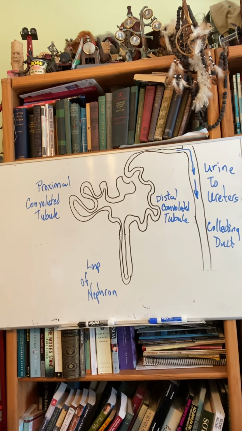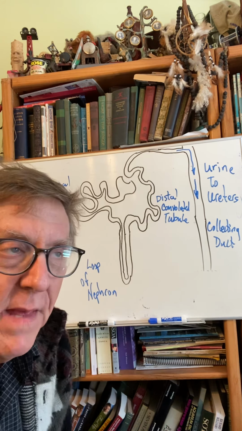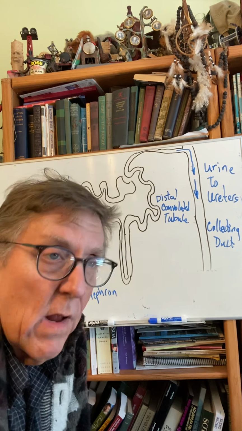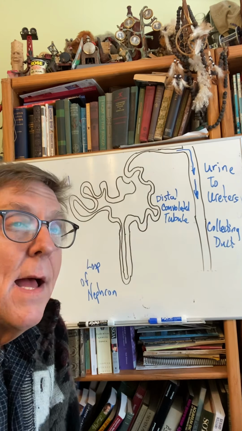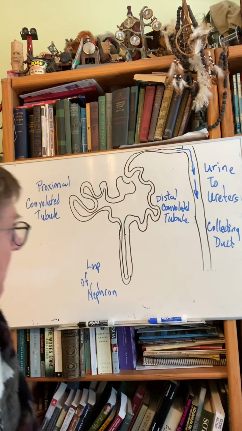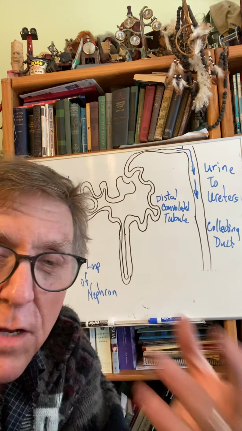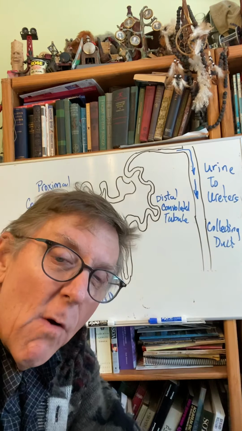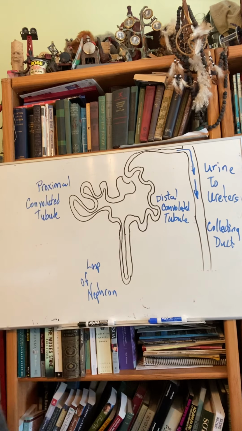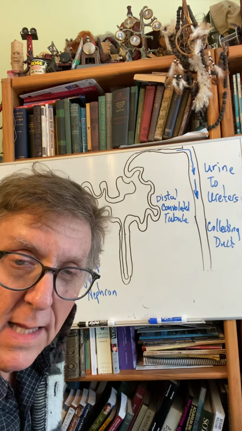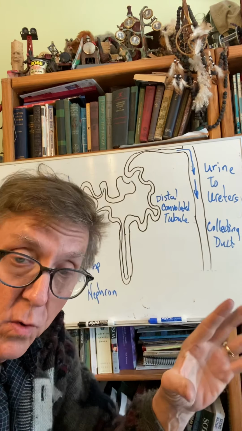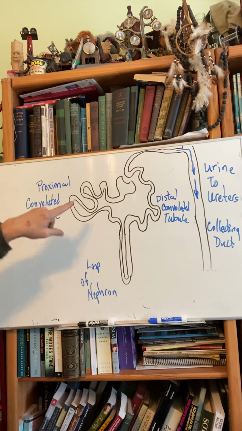Now, one of the things that is present in your blood in relatively high concentration is glucose, blood sugar. And most of the nutrient type materials, amino acids, that kind of thing, are going to be recovered very rapidly through active transport. It's going to be using energy to put them back in.